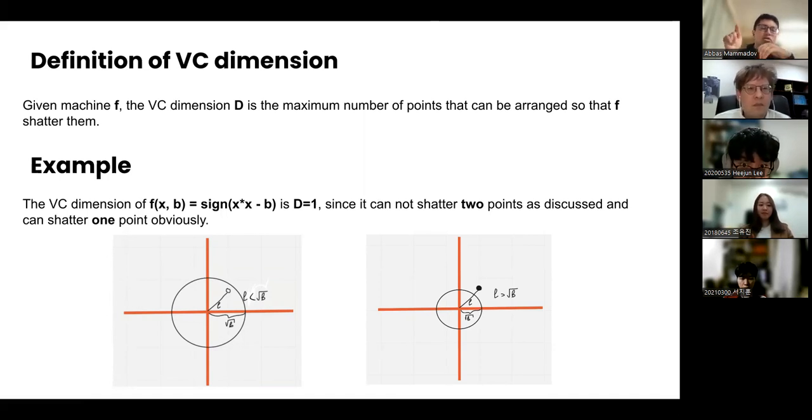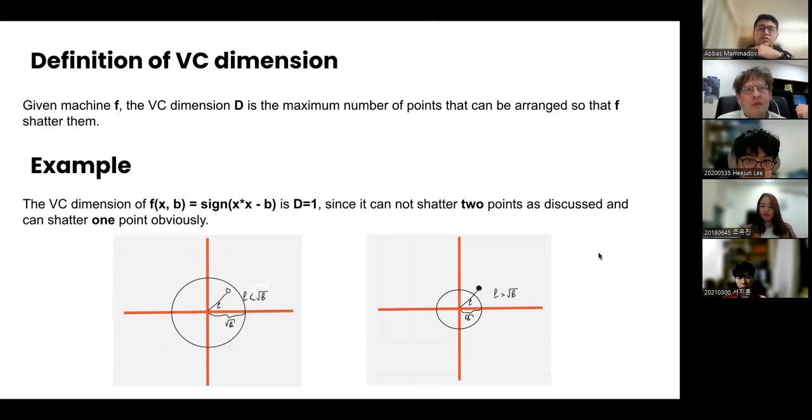So in the case of 1, we have just 1 point, and we know that if it's a negative point, the circle should strictly enclose this point inside of it, and we can achieve this by just drawing this circle with a radius of square root of b, which is greater than L. And we can learn another parameter b such that the square root of b is less than L in case of positive classification.